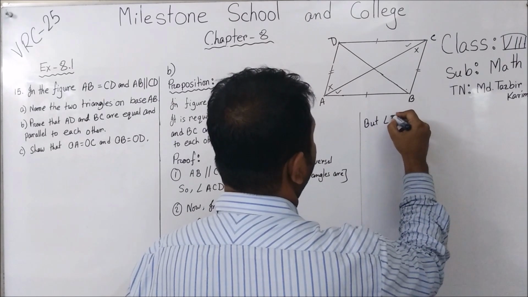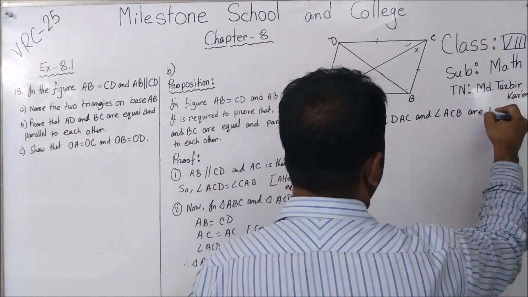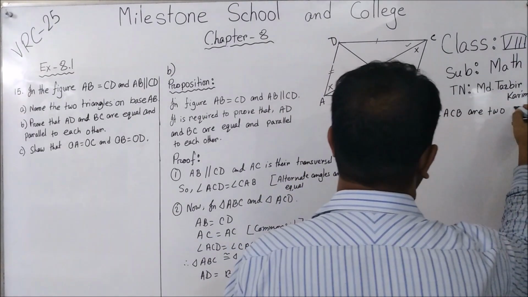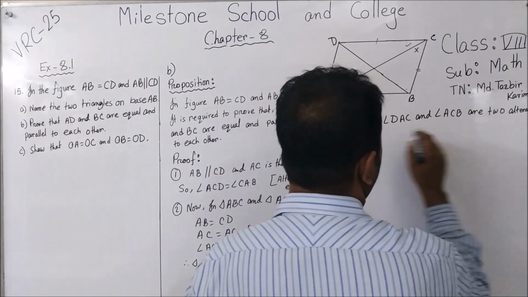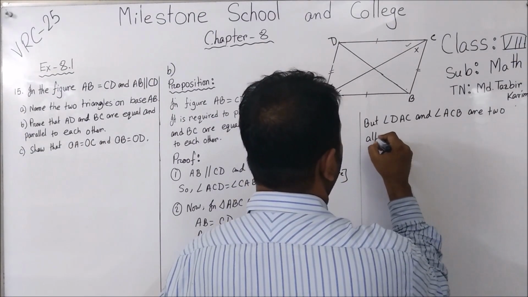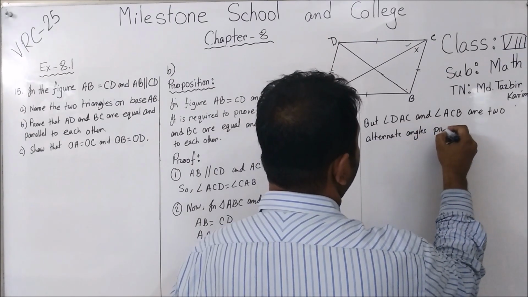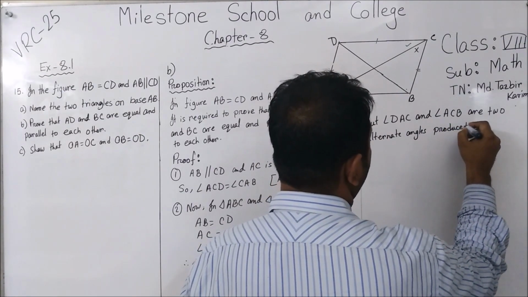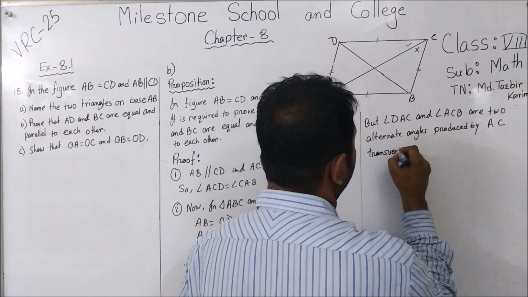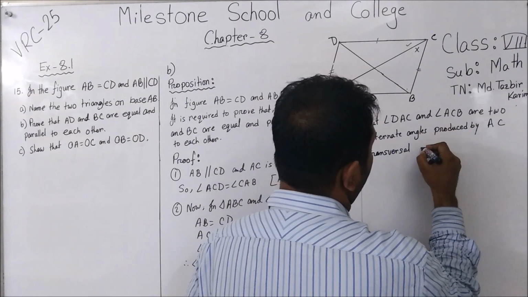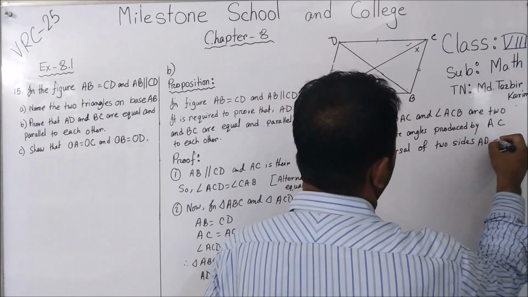But angle DAC and angle ACB are two alternate angles produced by the transversal AC of the two lines AD and BC.